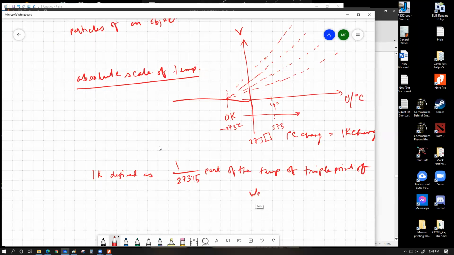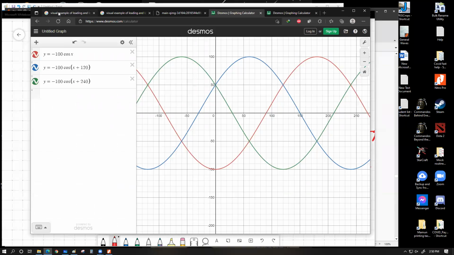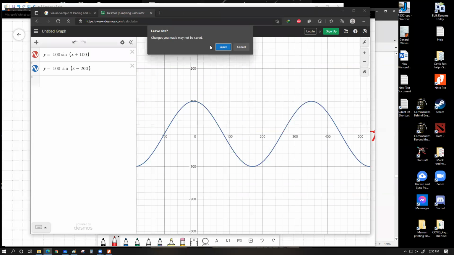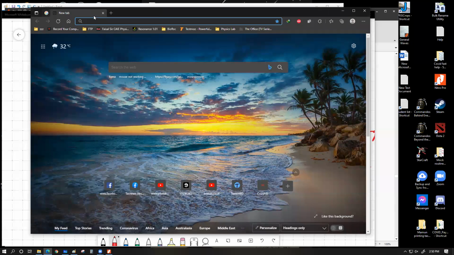Now, what is the triple point of water? You do not have the whole discussion of the triple point of water in your syllabus, but just to make sense, I'm going to tell you what this is. Let me show you the definition of 1 Kelvin from Wikipedia first, so that we have no confusion about that.